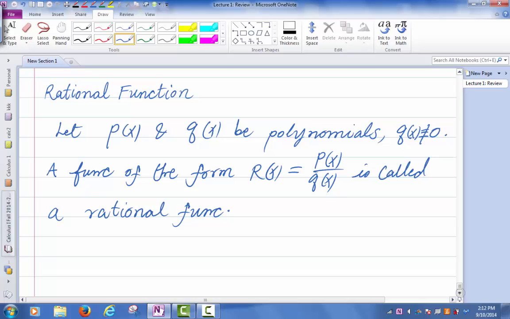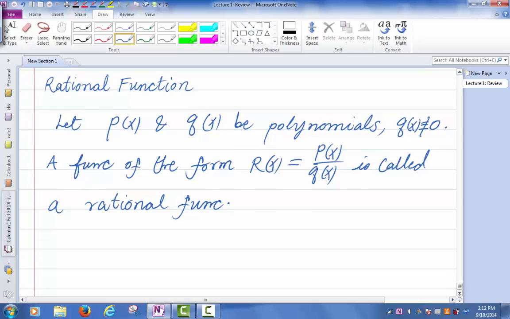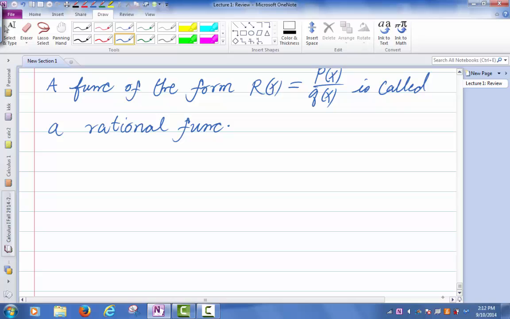Does anyone remember the definition of a proper rational function versus an improper rational function? What is a proper rational function? For just rational numbers, what is a proper fraction? What is an improper fraction? 2/3, is that a proper or improper fraction? Proper. And 4/3? Improper.